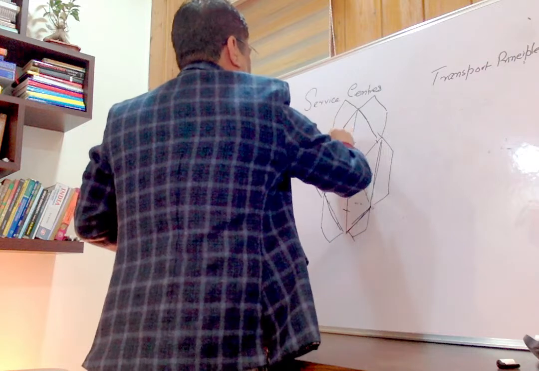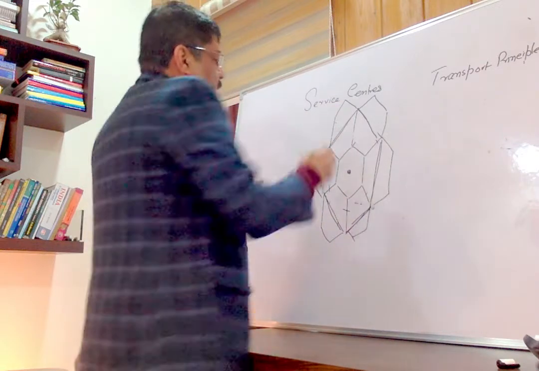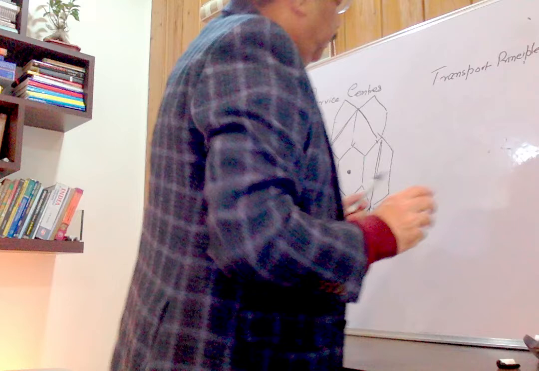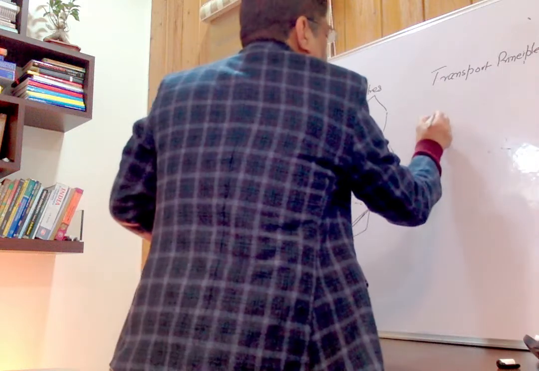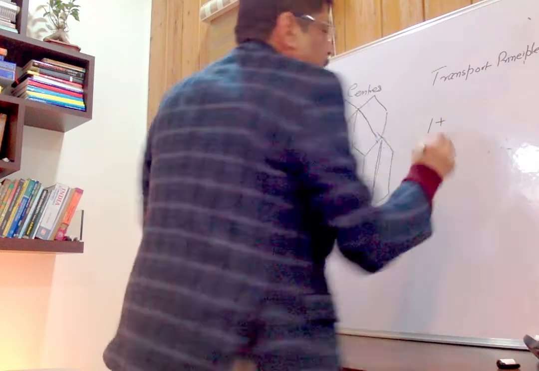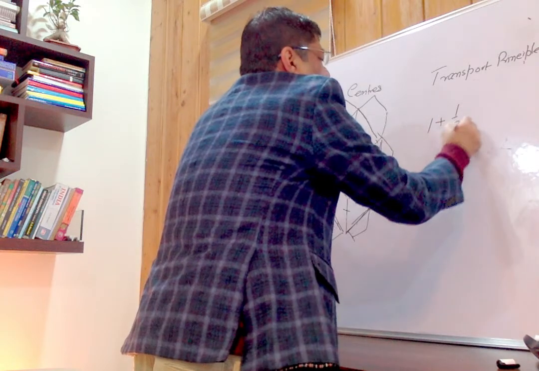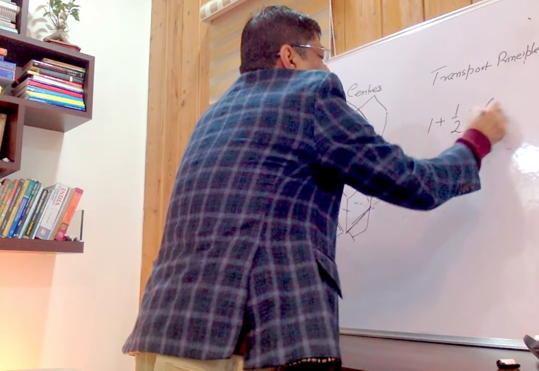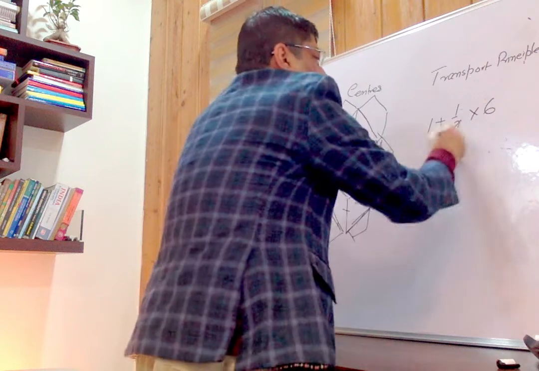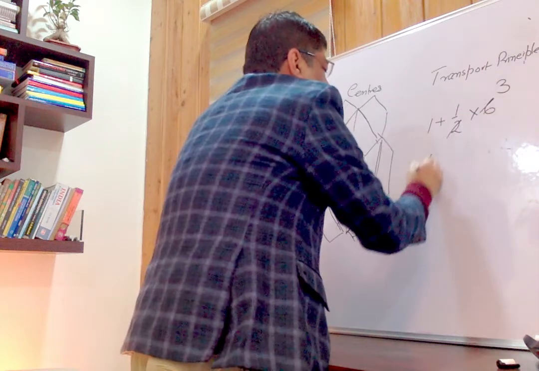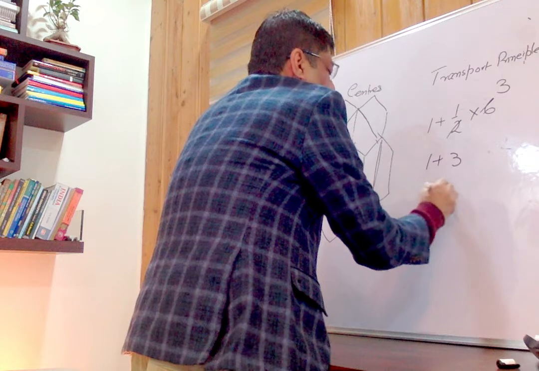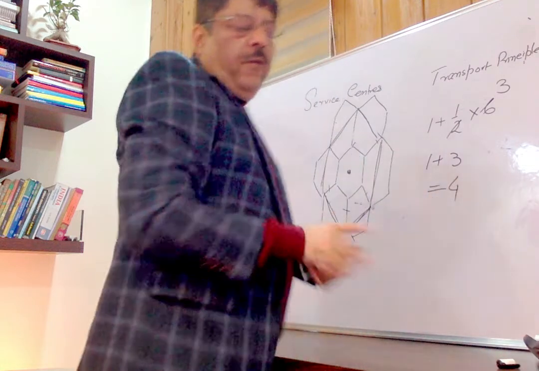So this is now the settlement. K value will be 1 plus 1/2 into 6, 1 plus 3. K is equal to 4.